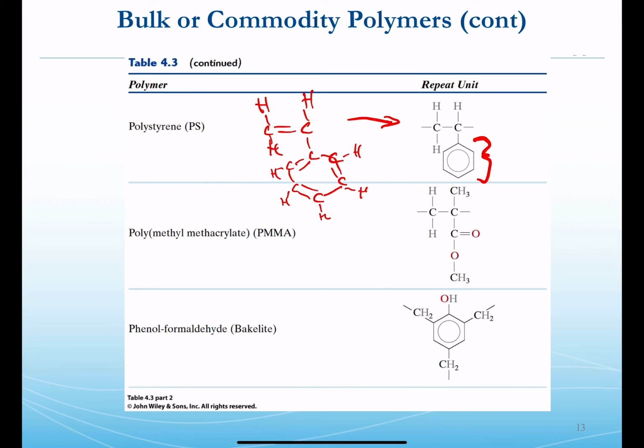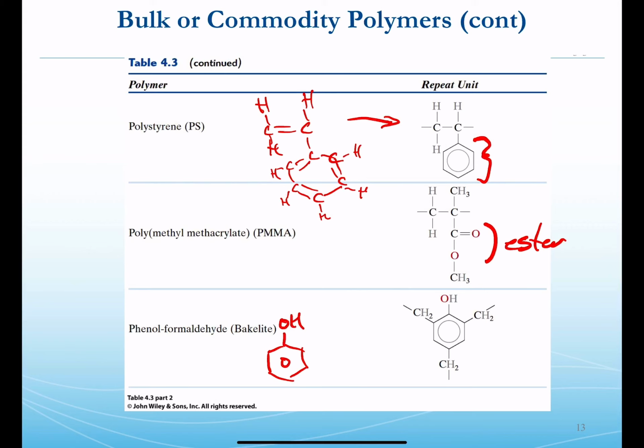Polymethyl methacrylate is commonly used in plexiglass, and so we'll note here that we have an ester side chain. And then down below in bakelite, one of the earliest synthetic polymers known, involves that benzene ring again. I'm abbreviating here with a circle to indicate aromaticity and shifting of the double bonds in the ring. Here's the phenol molecule.